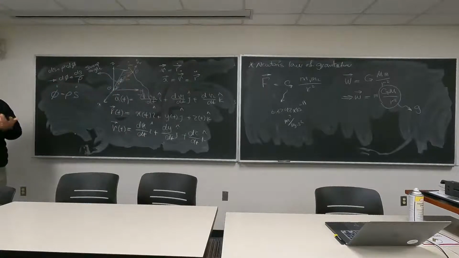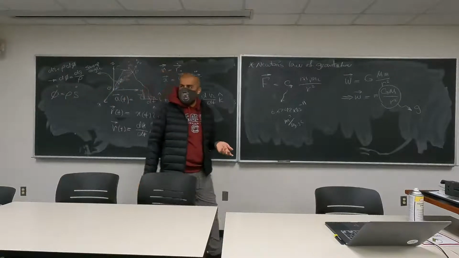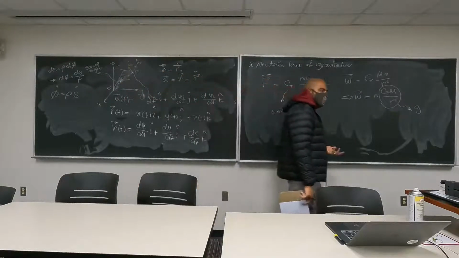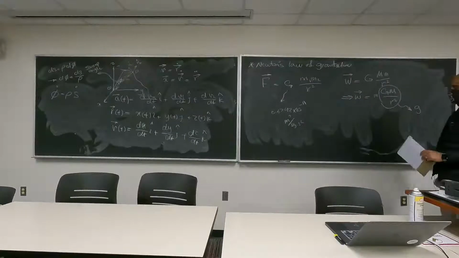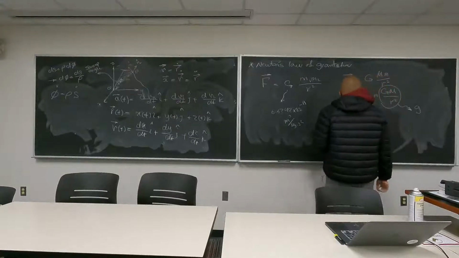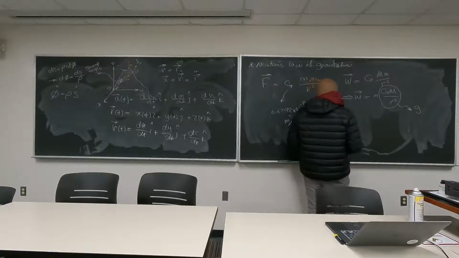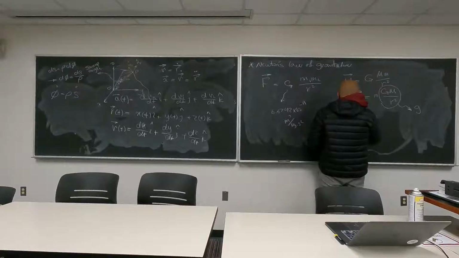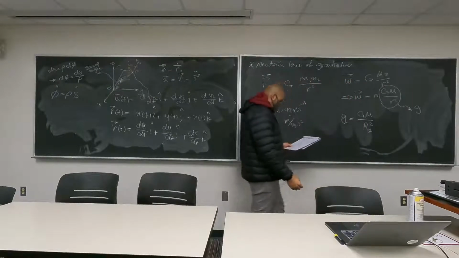It is very obvious from this equation that your gravitational acceleration is going to become smaller and smaller as you move further away from the surface of the Earth. But on the surface of the Earth, the gravitational acceleration, we are going to call it g naught. And this g naught is GM divided by the Earth's radius squared.